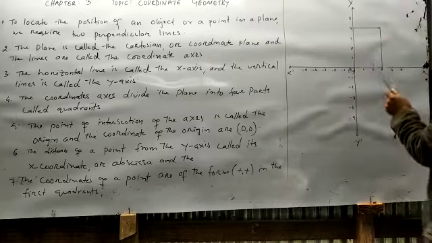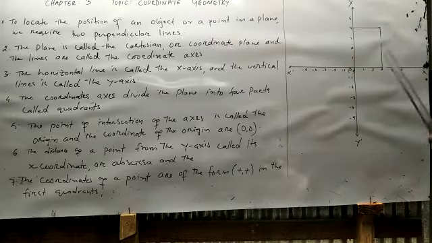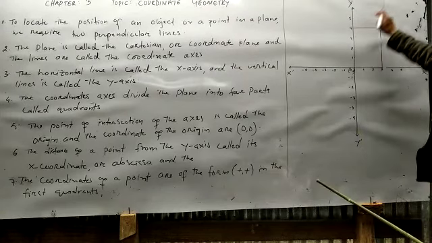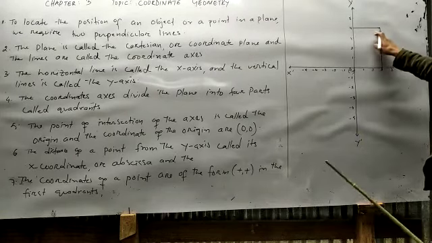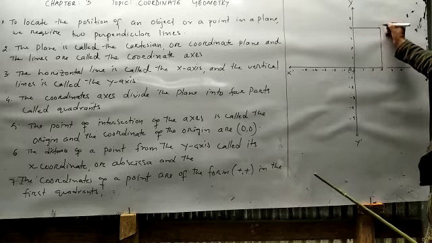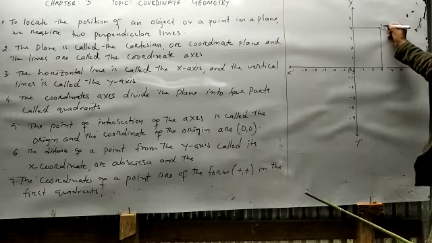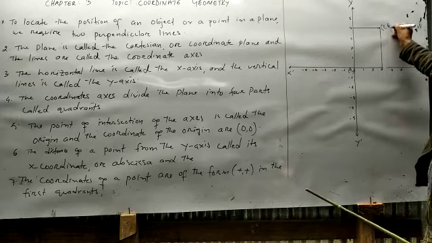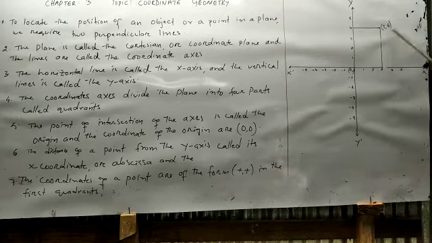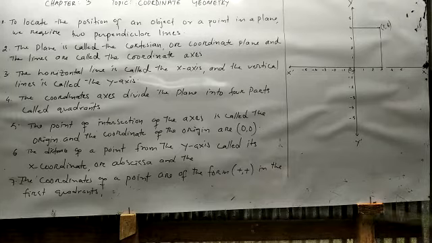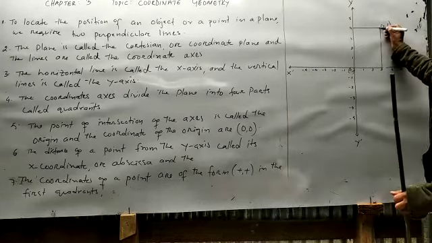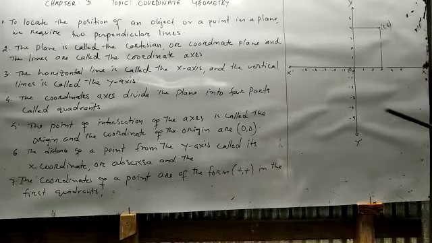When you join these two lines, this is the point of intersection of the x-axis and y-axis. Here we write the value of x is 3, the value of y is 4. So this 3, 4 is the location of your house from the school.